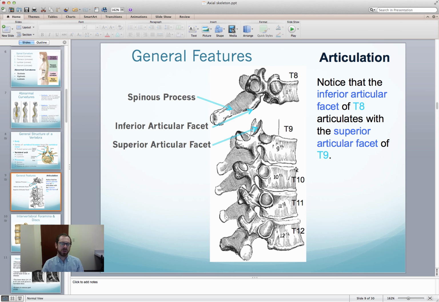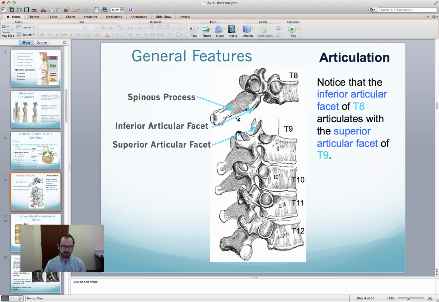And let's look at those features some more. We have, again, the spinous process that's coming off. So this is the posterior side of your vertebral column. If you were to just feel down your spine, what you're feeling is that spinous process. And then, particularly for articulation, we have these articular facets that we just briefly discussed.